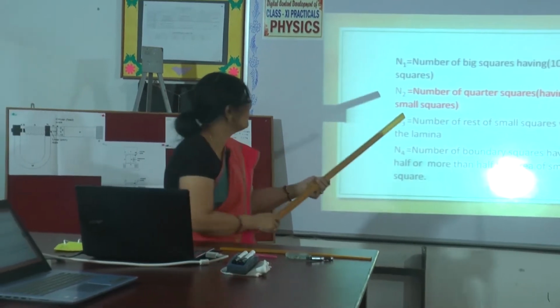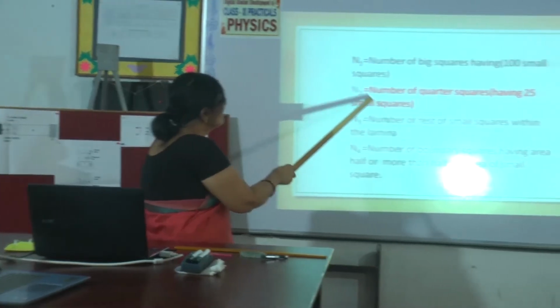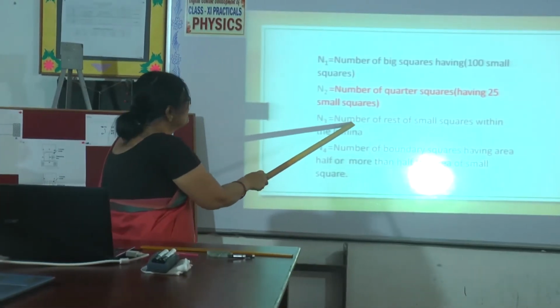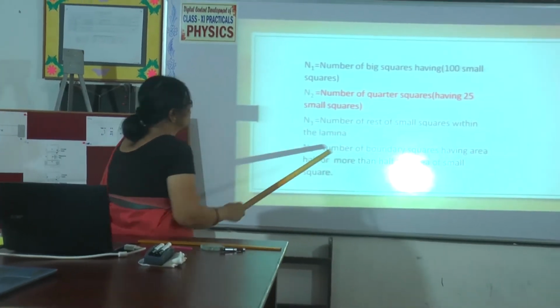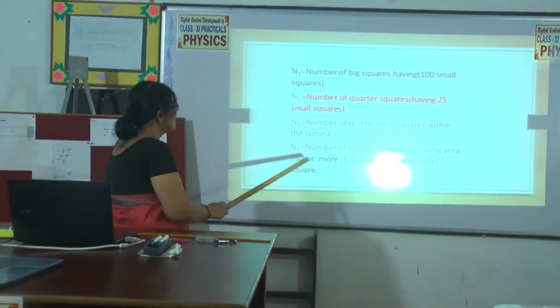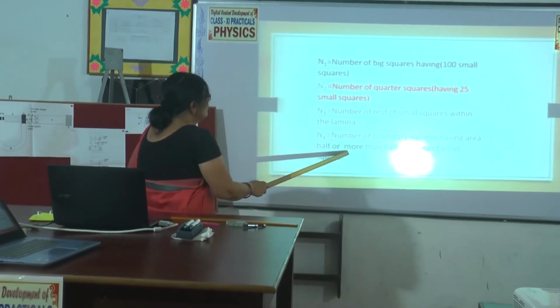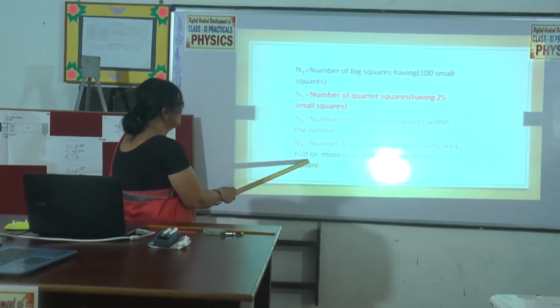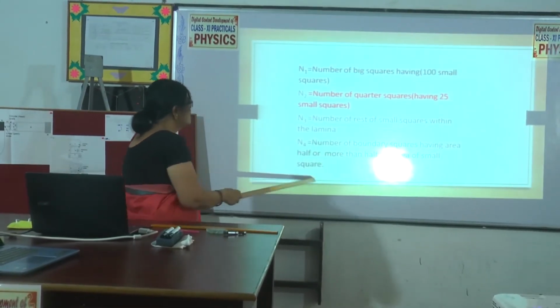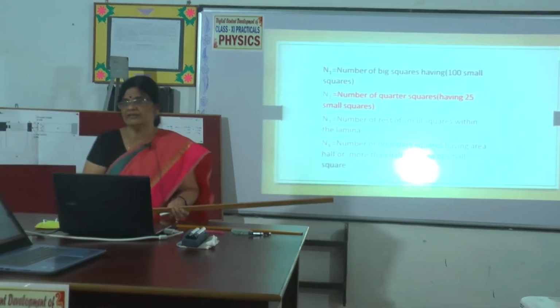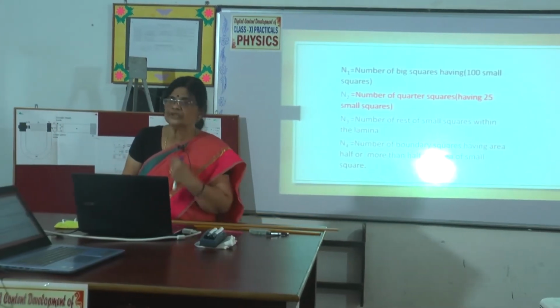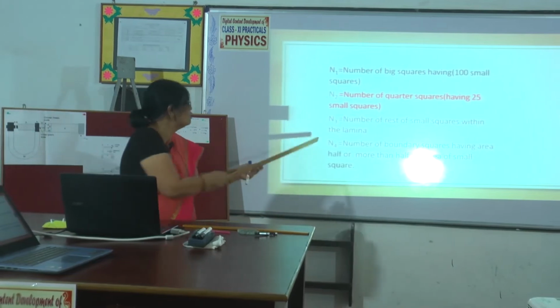Smallest square. So N3 is, when you draw the figure, the number of the rest of the small squares within the line. N4 is the number of boundary squares having half the area inside or more than half of the area of the small square inside the lamina. That can be taken as a complete square. So these are complete boundary squares.